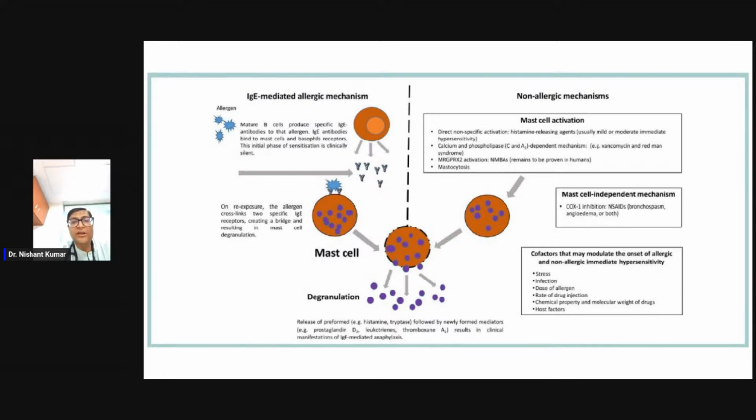So we have COX-1 inhibition, as is seen with NSAIDs, causing bronchospasm and urticaria or both. And then there are certain cofactors which may predispose to this particular condition, such as stress, infection, the dose of allergen, the rate of drug injection, chemical property and molecular weight of drugs, and certain host factors. Next.